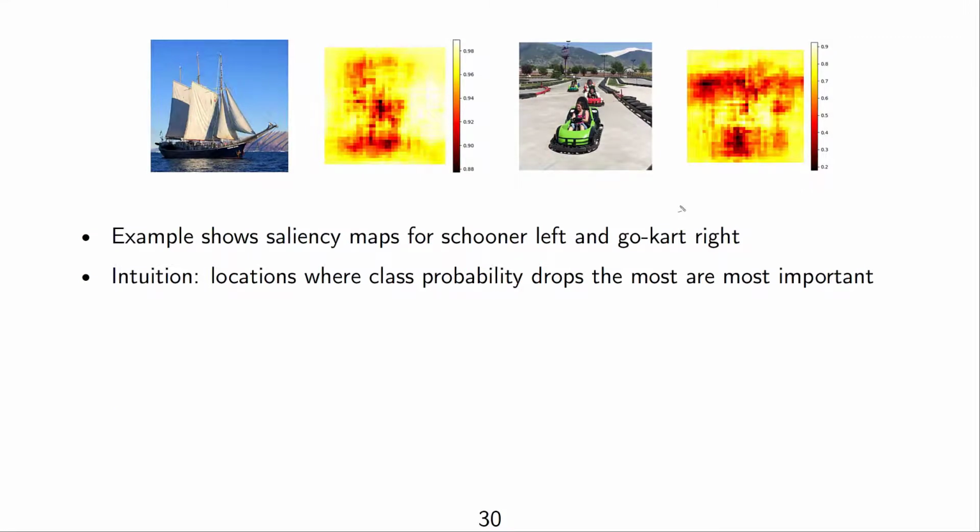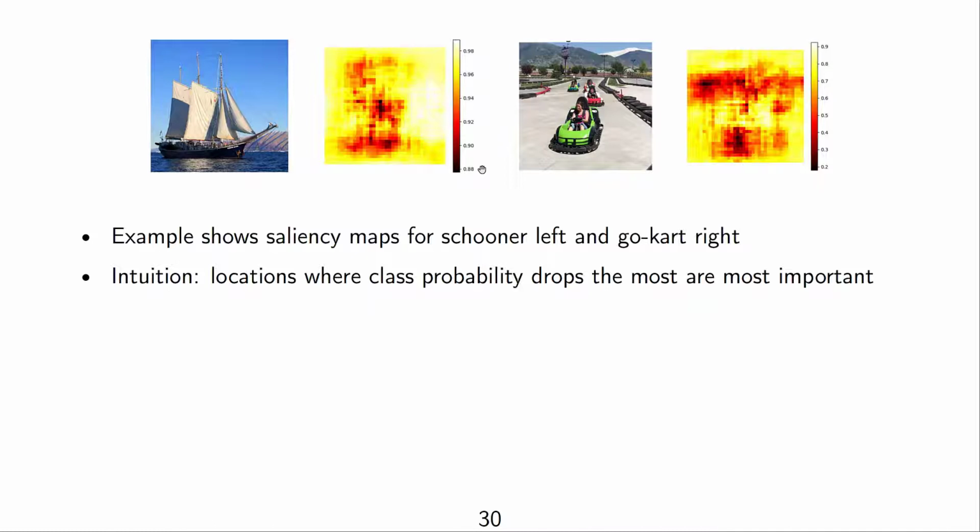Here we see some results for a schooner, which is some sort of boat example. Looking at the legend here, white has the highest probability, and going to black, the probability is the lowest.